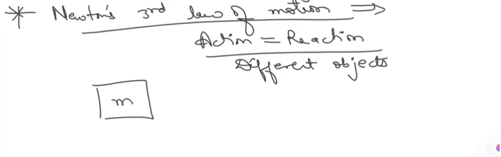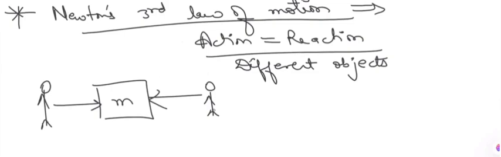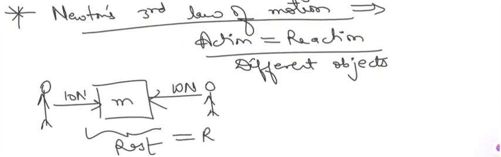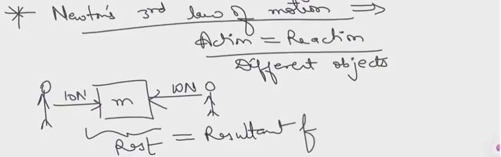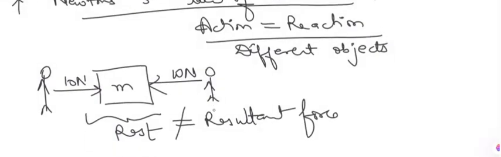Here I have a block of mass m. From here a person is pushing it, and from the other side the next person is pushing it with the same force, let's say 10 newton each. Hence the object will be at rest, and there will be no resultant force, or no resultant moment. This is what the IB board says.